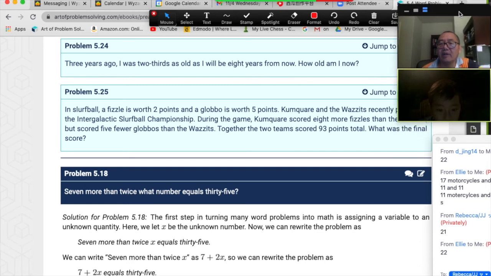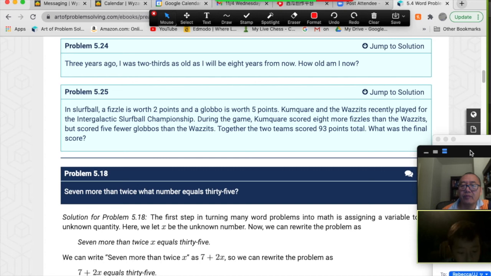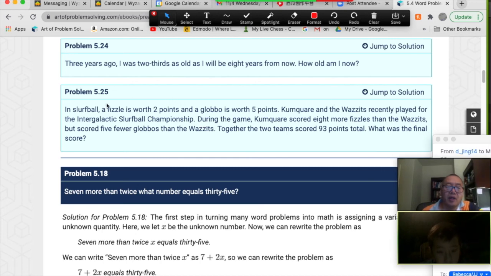Next one is this one. Ellie, can you read this 25? In surfball, a fizzle is worth 2 points and a globo is worth 5 points.